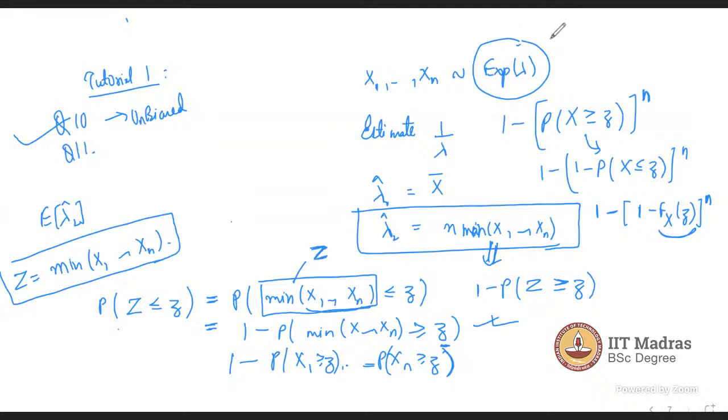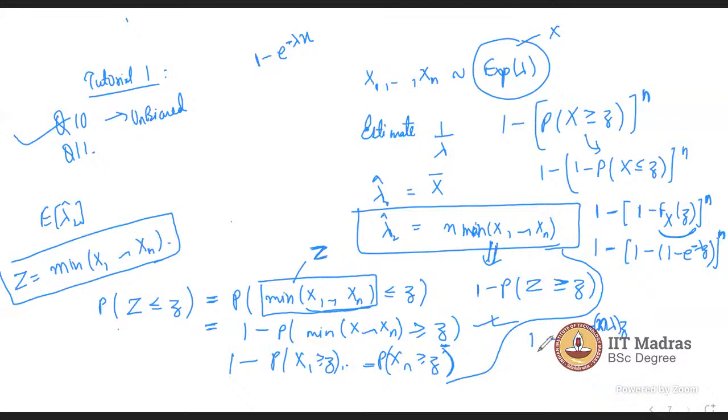X follows exponential lambda, so its CDF is given as 1 minus e to the power minus lambda x. So in this case, we will write 1 minus, in bracket 1 minus e to the power minus lambda z, whole to the power n. So this is going to be 1 minus e to the power minus n lambda z.